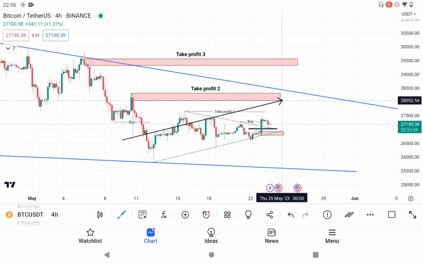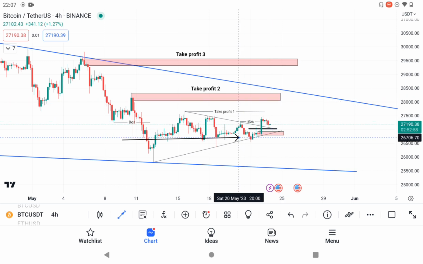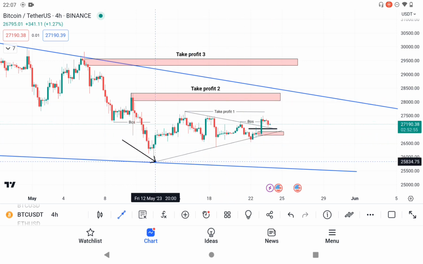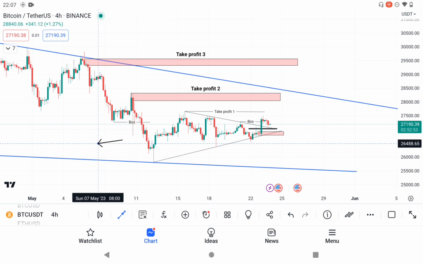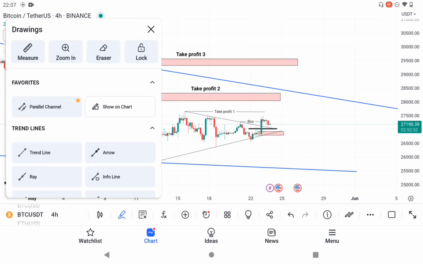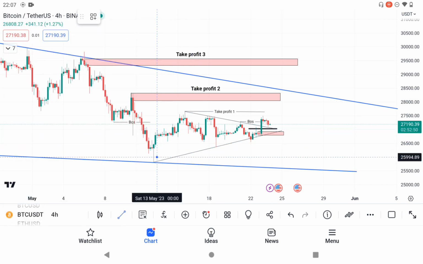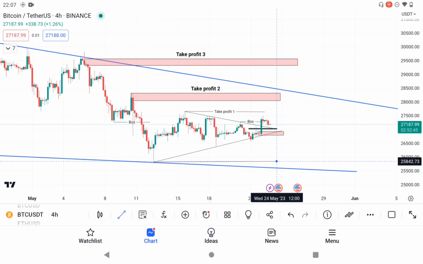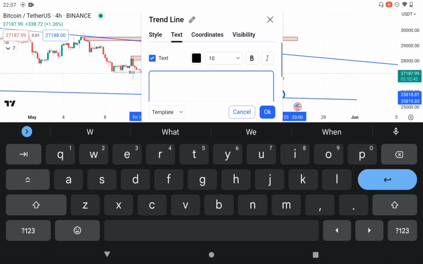And if we do start getting change of characters from this point here where we are at our take profit 2 on the lower time frame, like the 15 minutes, then there's a possibility that this will become a weak low. Let me just write that right here so you can understand better. This would become a weak low and it's going to be taken out.